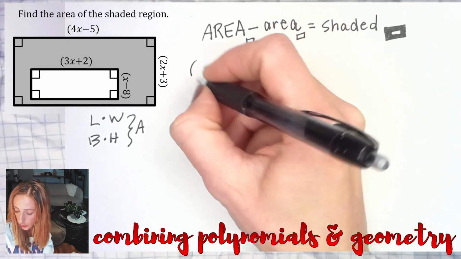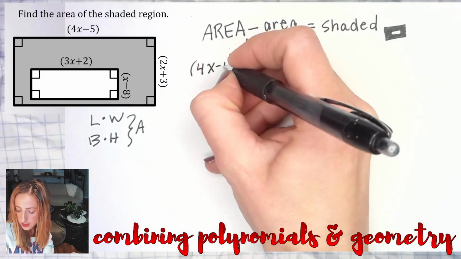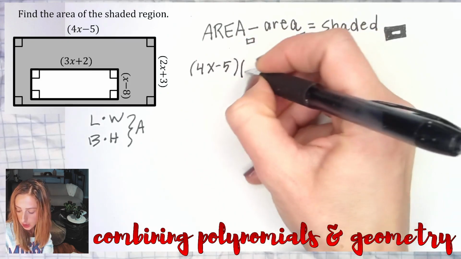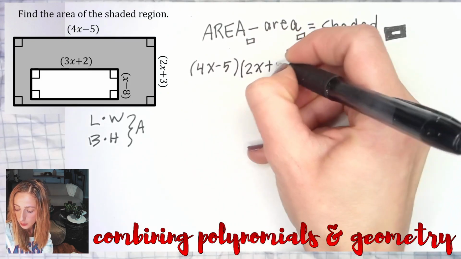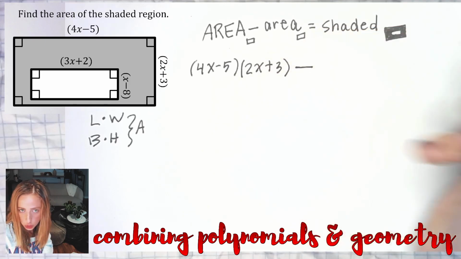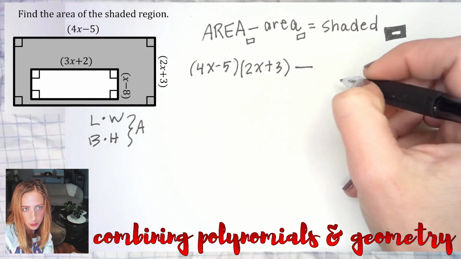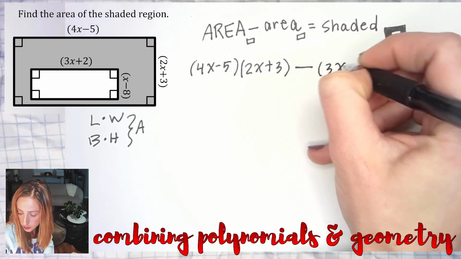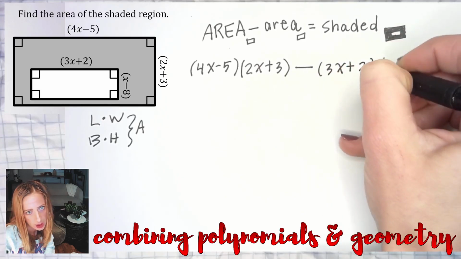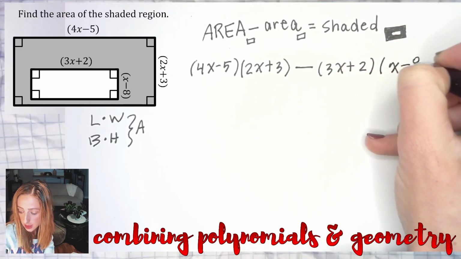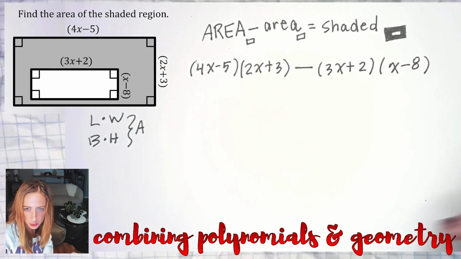I'm going to start off here with (4x minus 5) times (2x plus 3), and then we'll subtract, and we'll do the other one, which is (3x plus 2) times (x minus 8). We're all set up, ready to go.